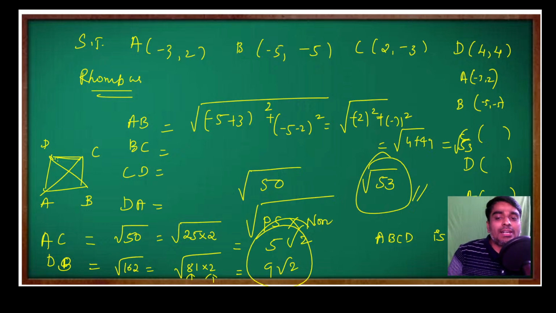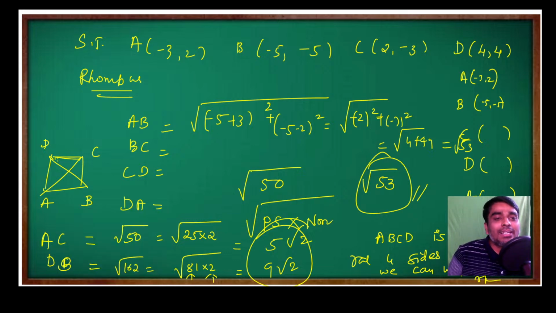ABCD is a quadrilateral with four sides equal. So we can write it as a rhombus, no problem. Why?